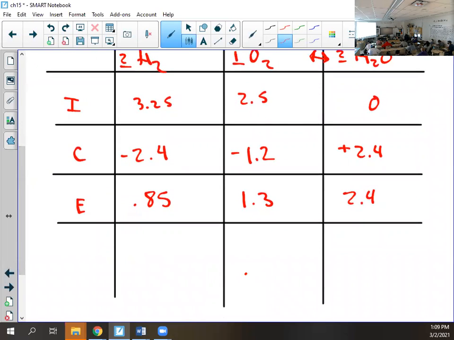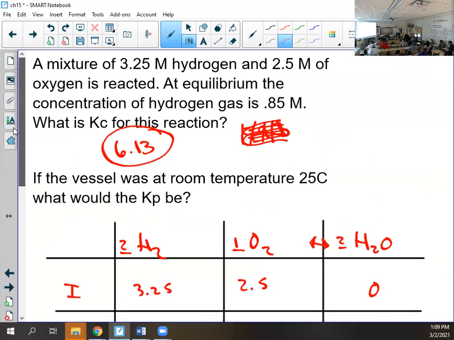We have 2.4 squared over 0.85, and that was squared, right? 1.3, which was not, correct? 6.13, is that what you said? What do you add to convert to Kelvin? 273. Is it not in Kelvin? Oh, it's not, is it?